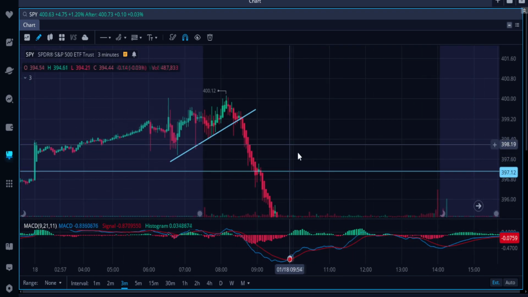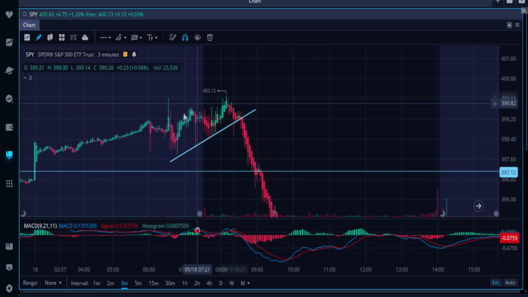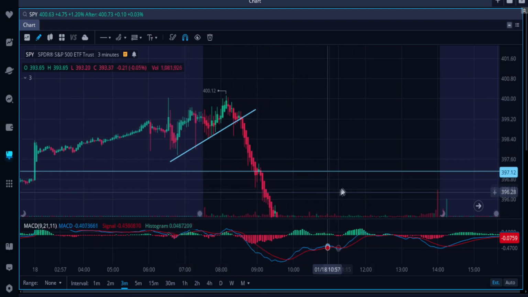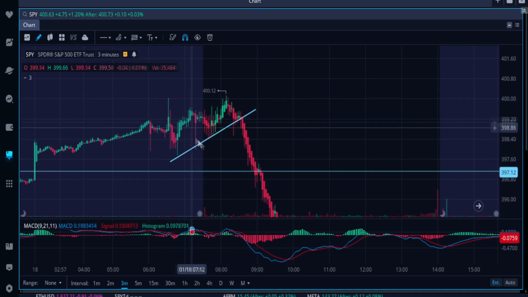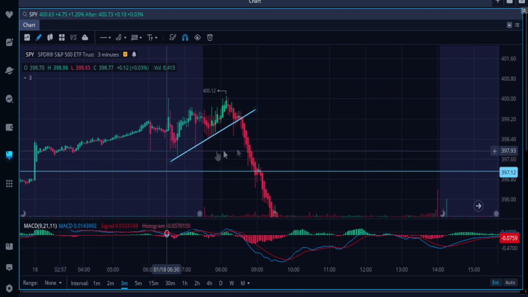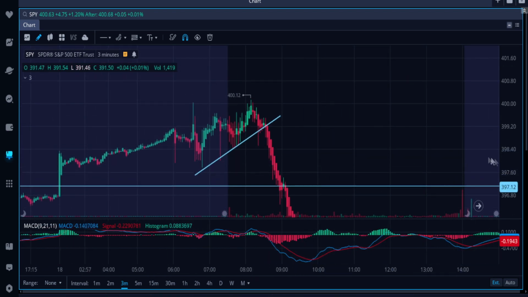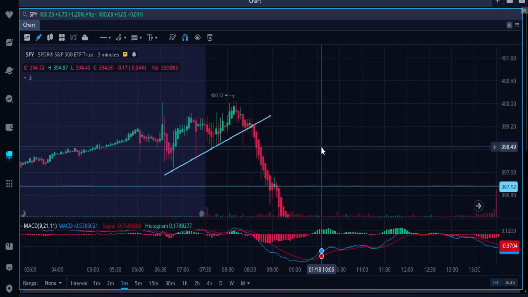As you see, the first price action that we have above the breakout line of 397.12 is up here, and that was on January 18th, so about 5 days prior. So then I look and determine where is a significant level, where was a strong support, where was a strong resistance, or what is an area that caused a big move, right?